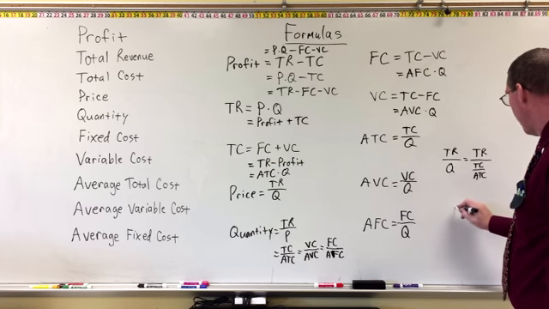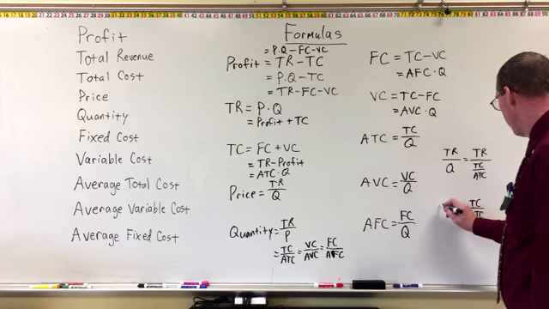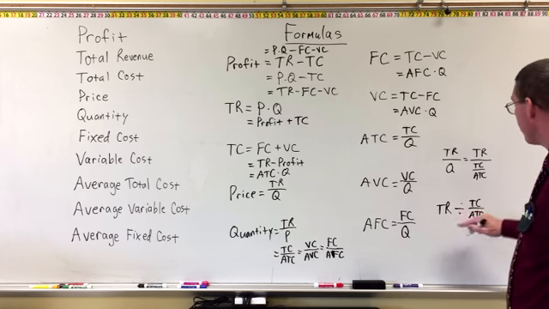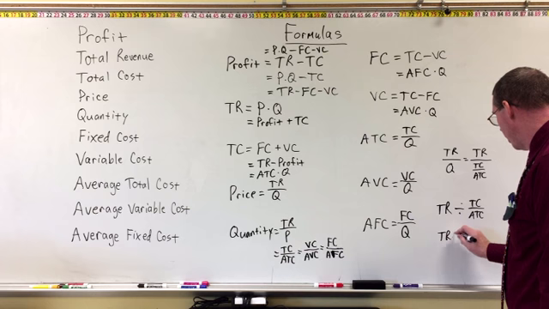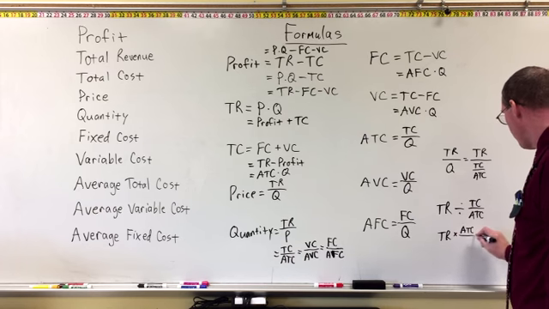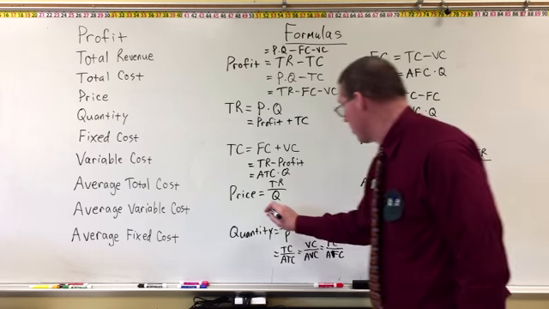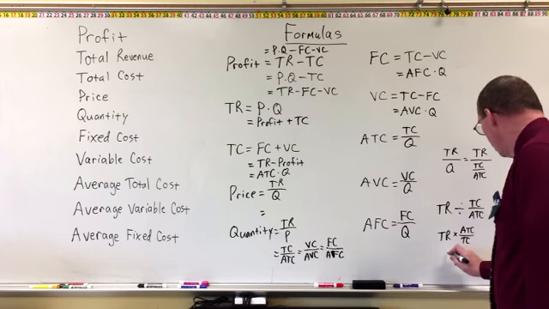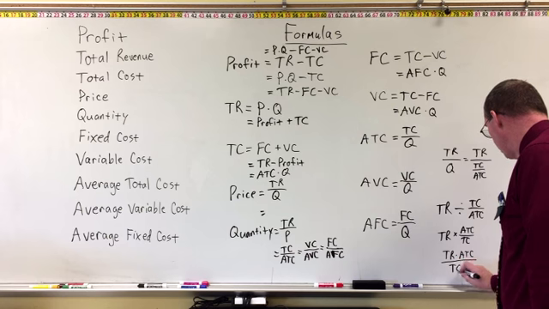We're dividing by a fraction, divide by total cost over average total cost, and that's total revenue divided, which means to keep, change, flip, whatever they say. So total revenue, change to multiply, flip this side, average total cost over total cost, and now price becomes equal to total revenue times average total cost divided by total cost.